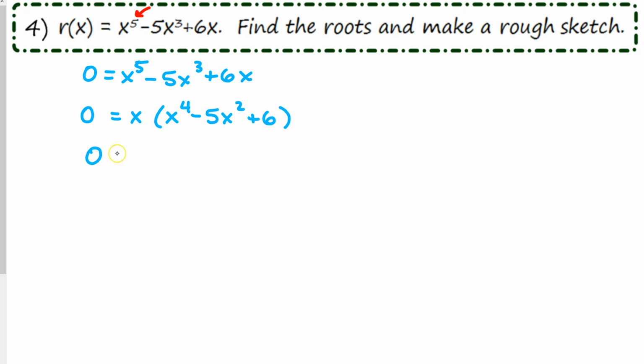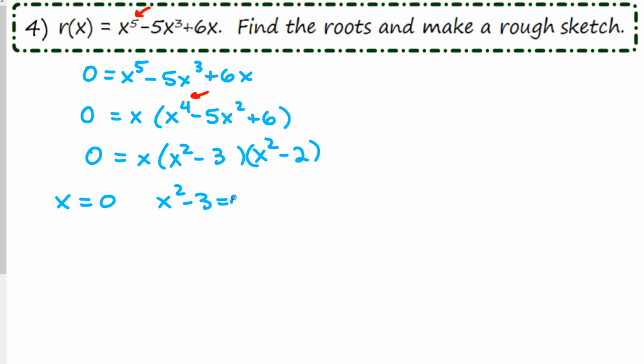And the remaining quartic, x to the 4th, is a quadratic in disguise, meaning I could factor it like I would factor a quadratic, x squared minus 3, x squared minus 2. So we can set each of these equal to 0 and solve each one.